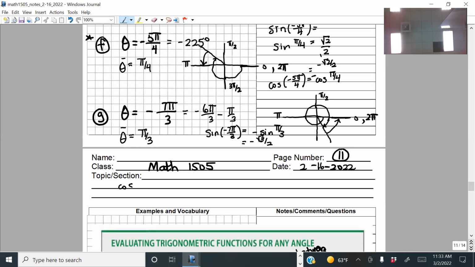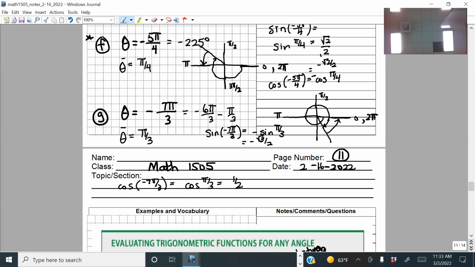And then the cosine of minus 7 pi over 3 is just the cosine of pi over 3, right? Cosine is positive in the fourth quadrant, so we don't have to adjust the sign. And the cosine of pi over 3 is 1/2, right? So there's our sine and cosine.